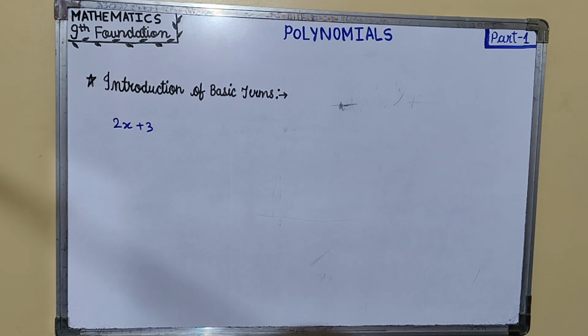In this example, 3 has a definite value, so it is a constant. Then coefficient: in the product of a variable and a constant, each is called the coefficient of the other. Over here, 2 is the coefficient of x.